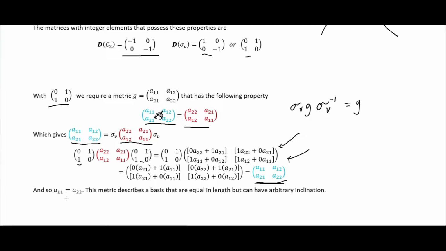And so we have to have A1 and A2 be equal to each other. And so this describes a basis that are equal in length but have arbitrary inclination.